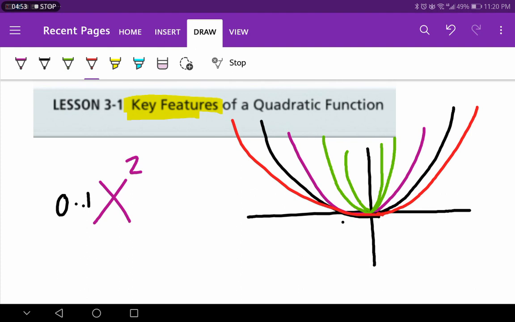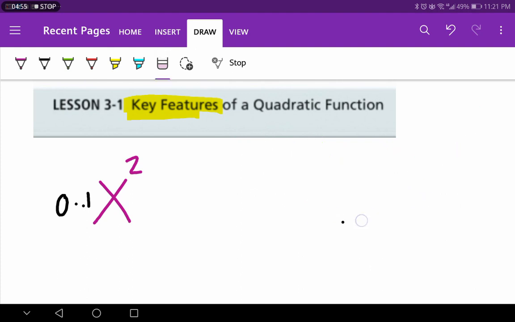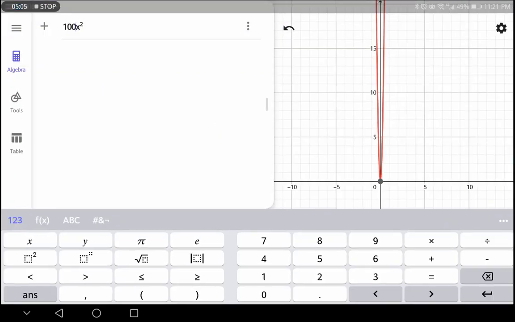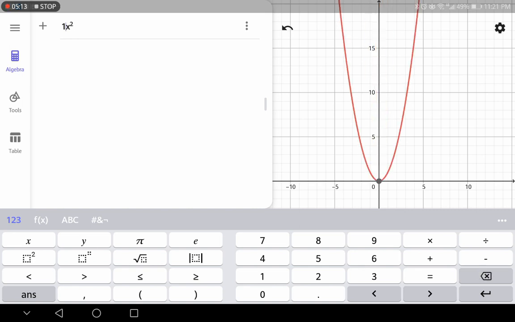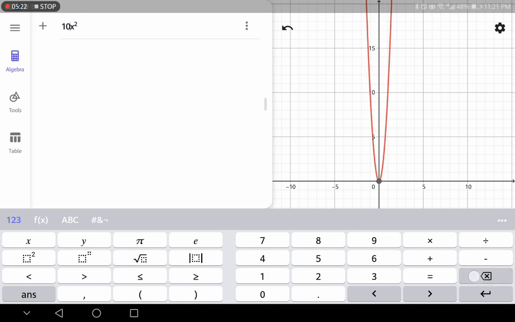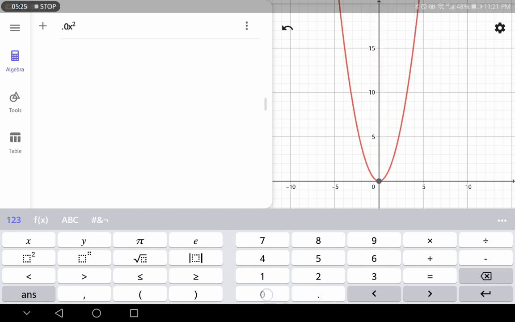See here. This is 100x squared. This is the parent, 1x squared. If it is bigger, it will be narrow. If it is smaller, it will be wider.